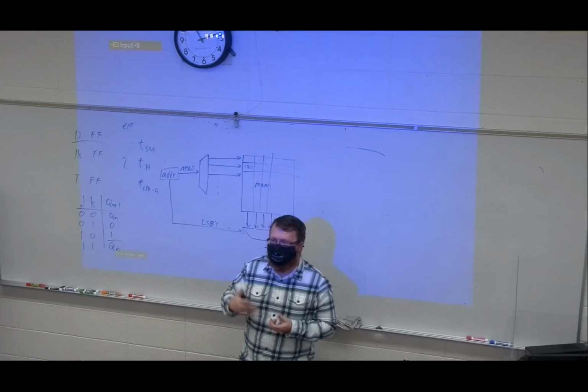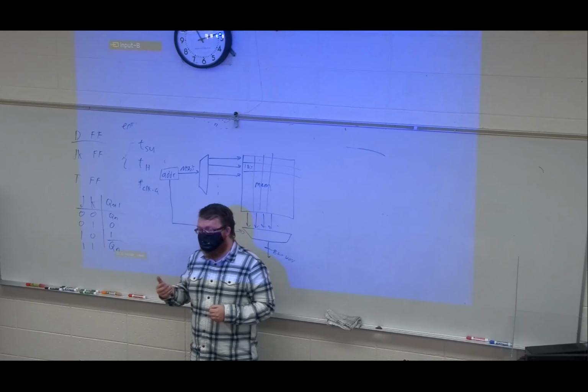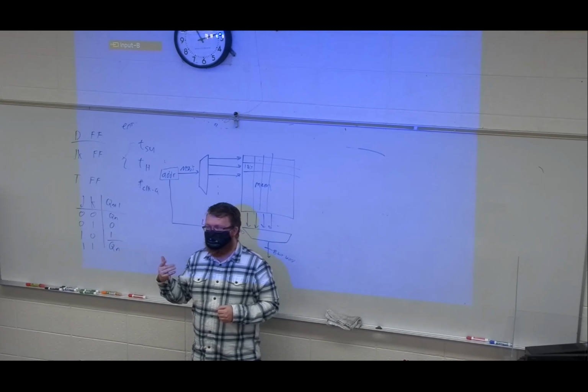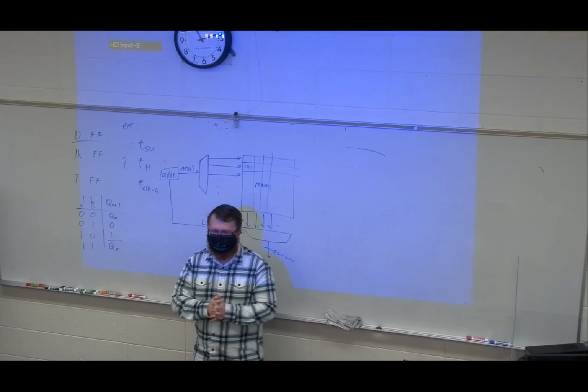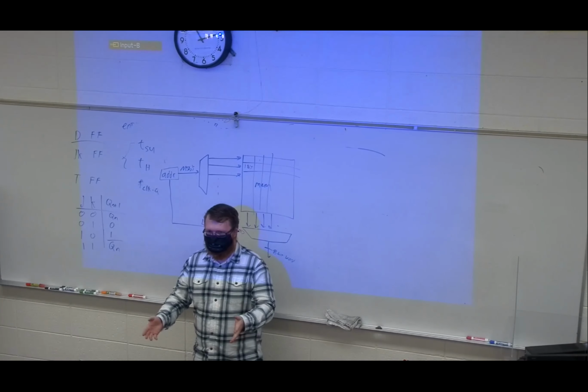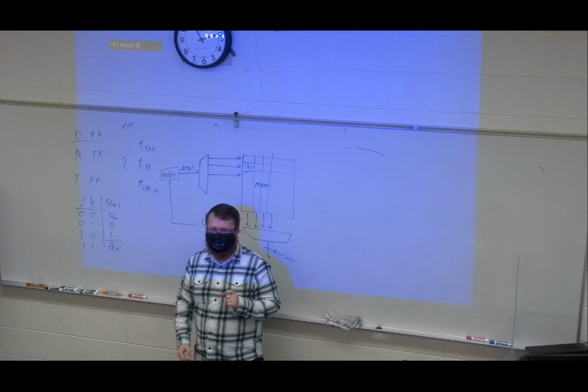So VHDL can be written to target an FPGA, like we did, or it can even be used to write what we would call an ASIC, an application-specific integrated circuit. So an ASIC is something that you would make, and then at great cost, you would send it off to a fabrication facility, and they would build it for you. And that's what goes inside of those little black packages that we use, right? Those are those ASICs.